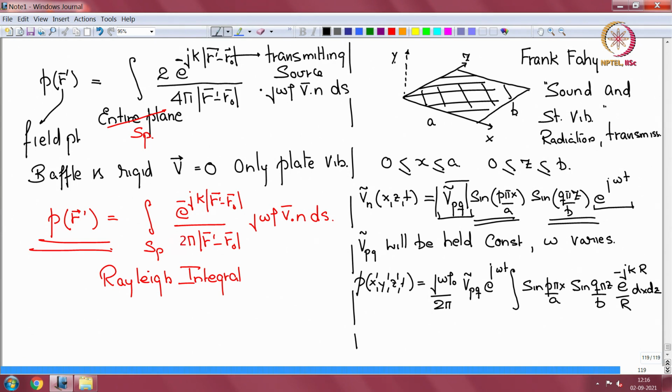This r carries the scalar distance of r dash minus r0, numerator and denominator. It is the distance between the source and receiver points. Now r of course has x and z dependence.